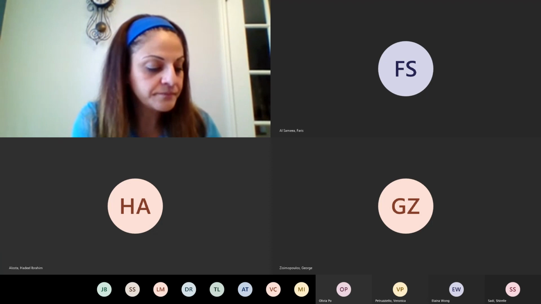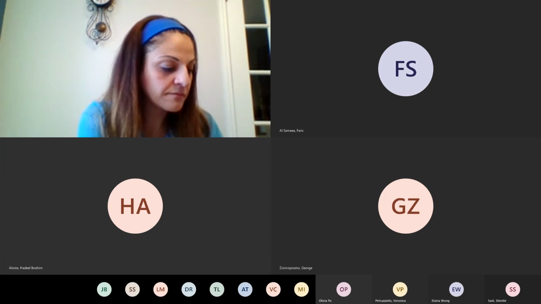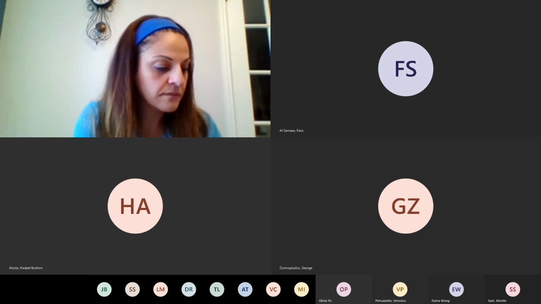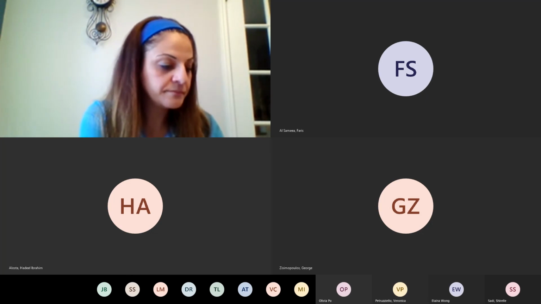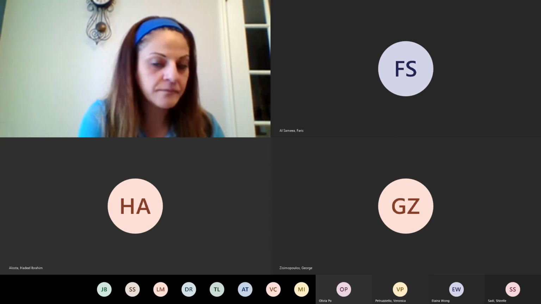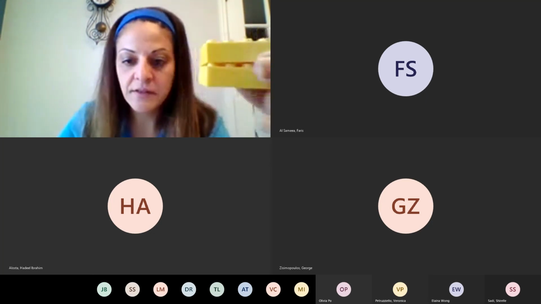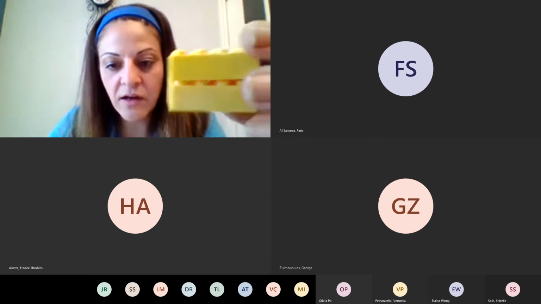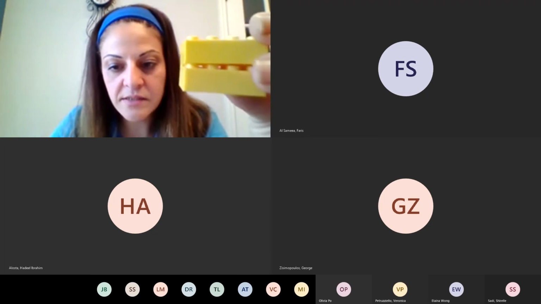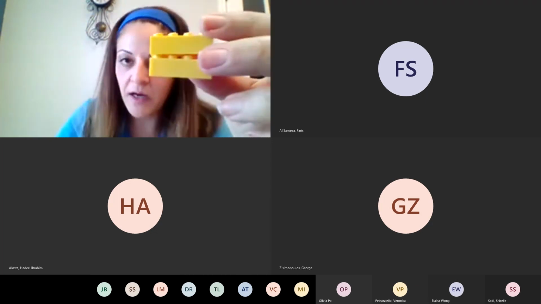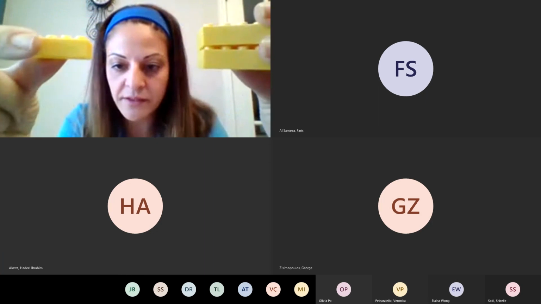Look, I need Lego pieces. There they are. Okay, watch here. Let's say I start off with 2 Lego pieces, so 2 coppers, but on the other side, I only have 1.